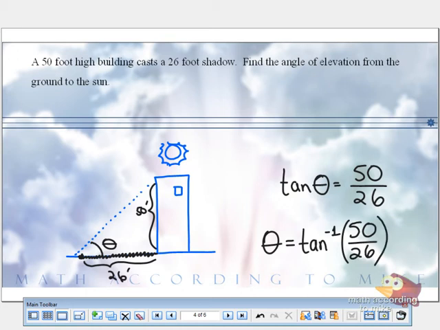All right. So in your calculator, please put in the tangent inverse of 50 over 26. Make sure your calculator is in degree mode before you do so. And we're not going to get a pretty number here, so let's round this to one decimal place.